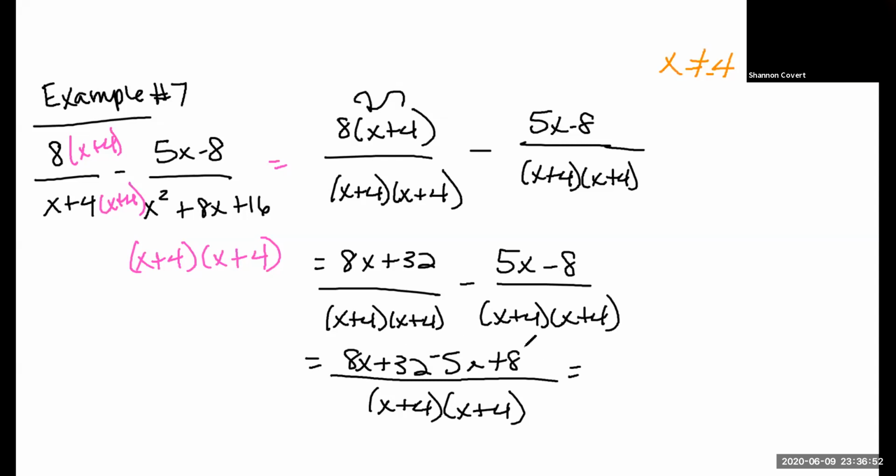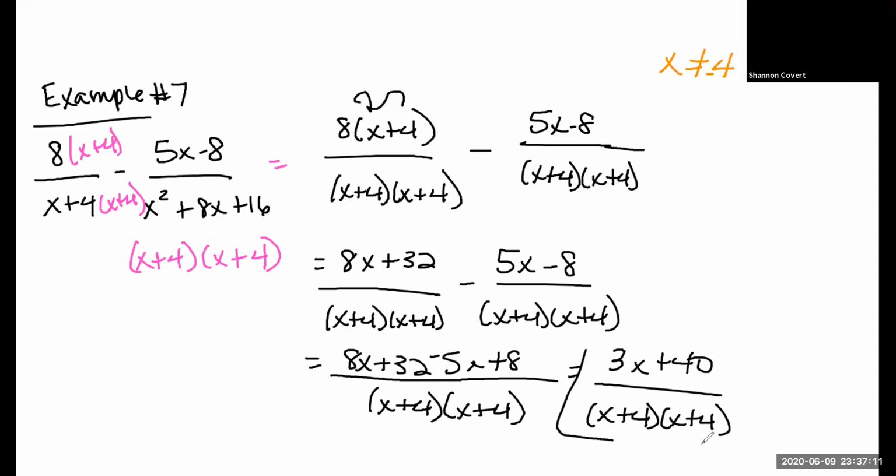So 8x minus 5x is 3x, and 32 plus 8 is 40. So I have 3x plus 40 over x plus 4 times x plus 4. And there's no greatest common factor for 3x plus 40, so that's my solution: 3x plus 40 over x plus 4 times x plus 4.